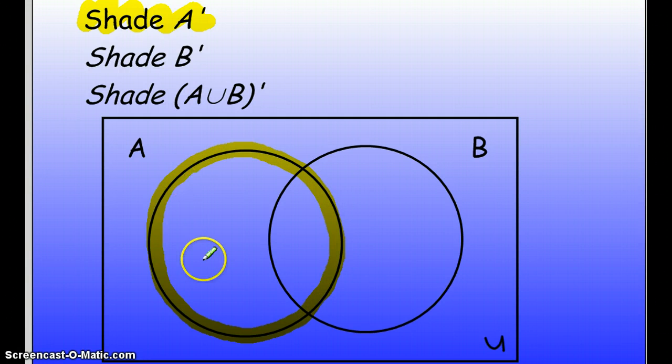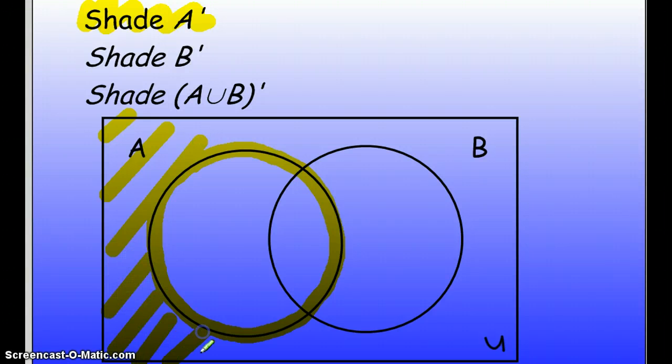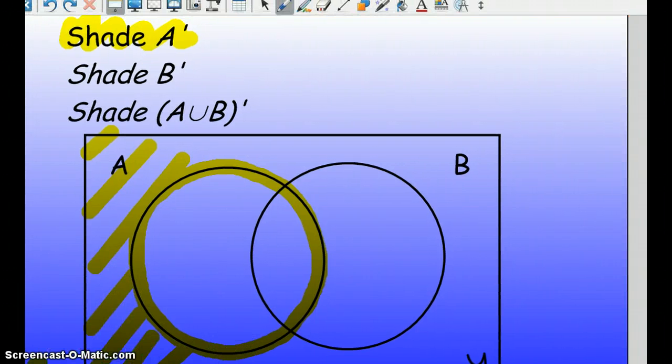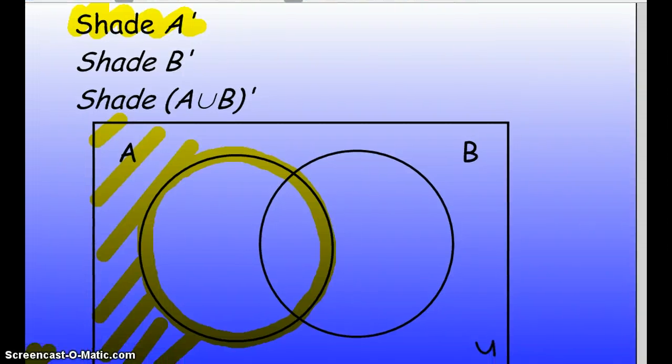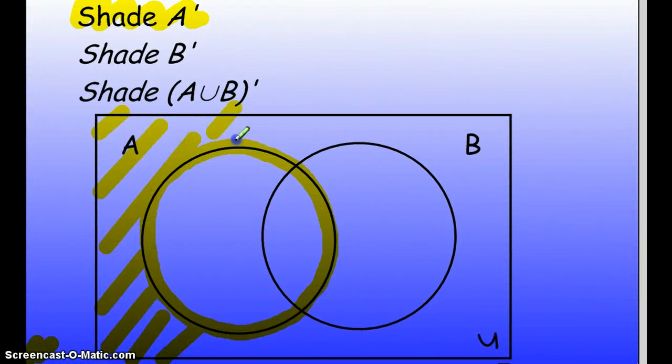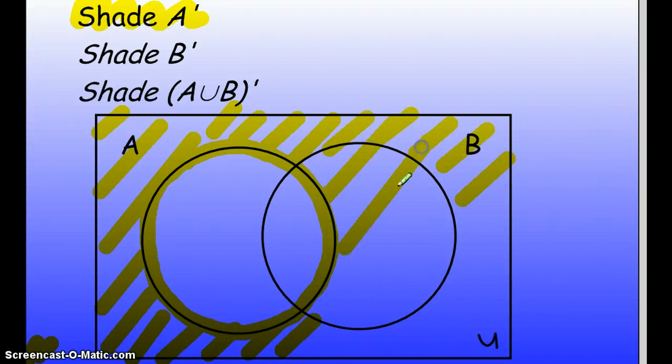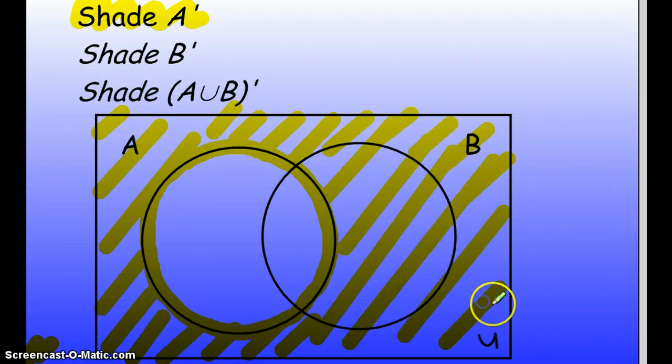So if this is A inside of it, I want everything not in A. And that even includes, by the way, that the universal set is still part of the problem. Okay, it's not just the circles. Alright, so if I shade this properly, I'm going to get everything that's not in A. So I'm going to get this part of B that doesn't intersect with A, as well as the universal set. So that everything in that shaded part would be the complement of A.